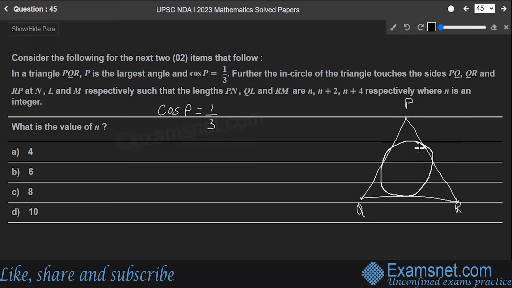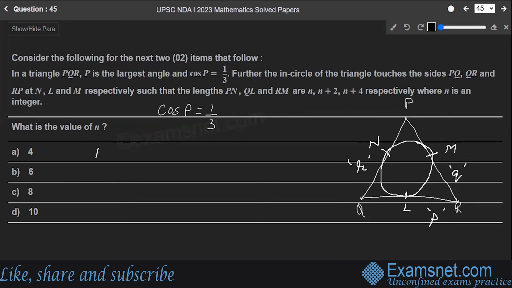Okay, so this is the incircle. Now it touches the sides at, this is at N and this one at M and this one at L respectively. So let's name this side as P, this one as R and this one as Q, the lengths of the sides.